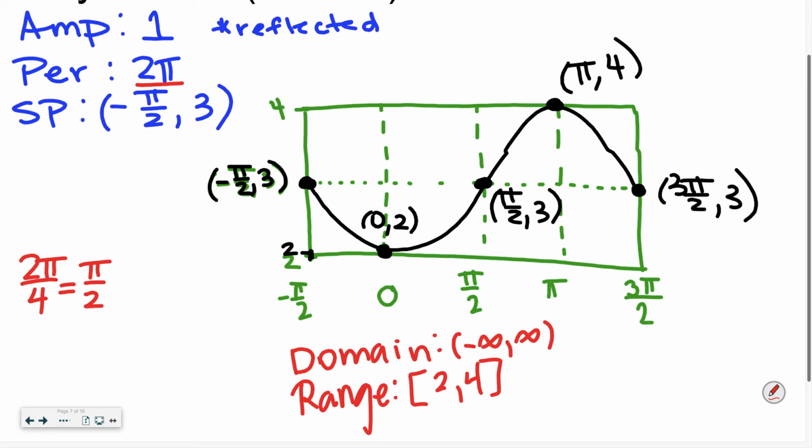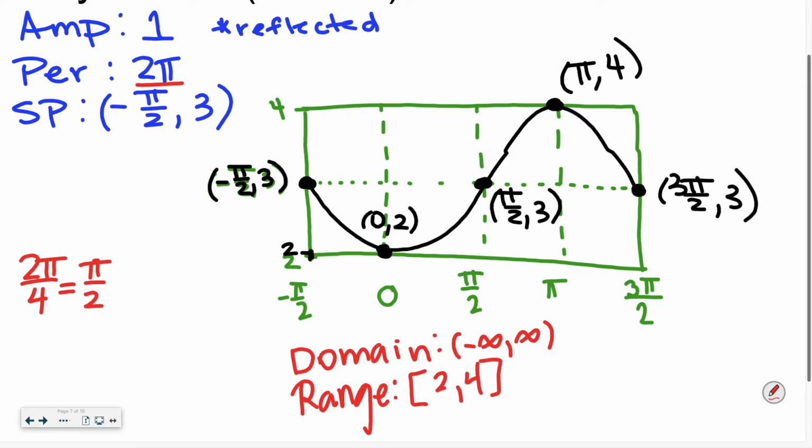It would be pi over 2. So if you wanted to use that second method, you would take 1/4 of the period, so in this case pi over 2, and you would just add it for each of the quarter marks. So you would add it and mark this as 0, and then add it and mark this as pi over 2, and then add it again to mark this as pi, and then add it again to mark it as 3 pi over 2. Okay?